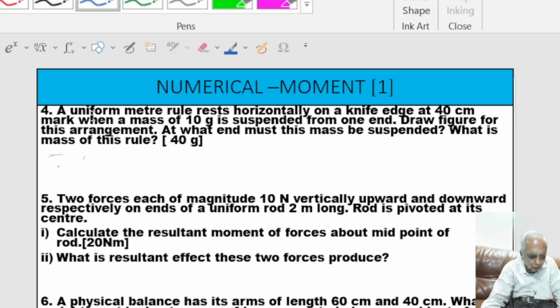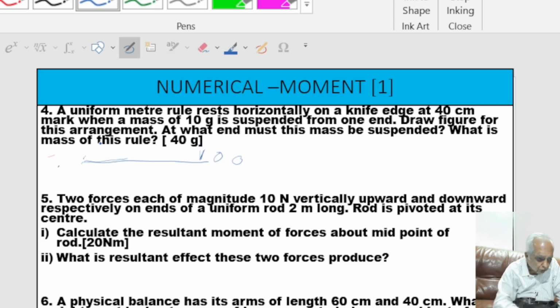Meter rule means the length of the rod is 100 centimeter. So 100 is at this end and 0 is at this end.